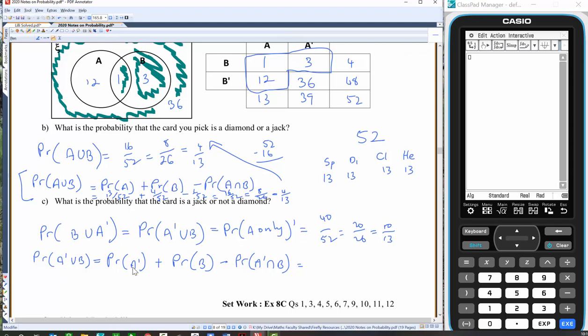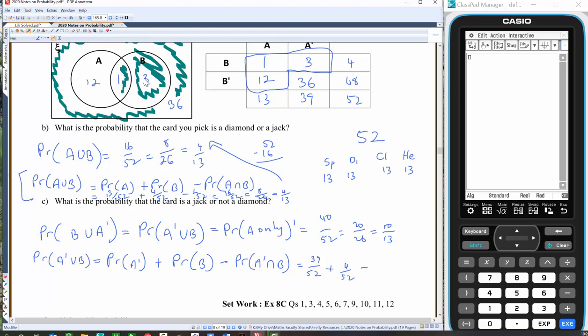Okay, now what's not A? Not A is all of this stuff out here. That's going to be 39 out of 52, plus B, which is going to be 4 out of 52, take away the intersection.